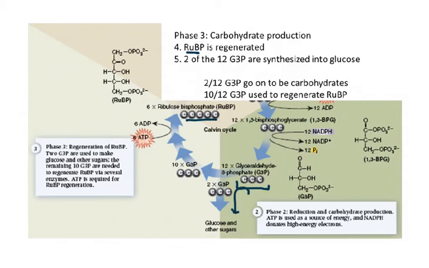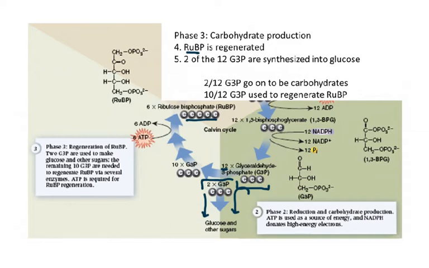And so this is another reason why we had to take this whole thing times 6, because we got to 12 glyceraldehyde 3-phosphate, remember we doubled it and multiplied it times 6. So some of these molecules, 2 out of 12, will go off to actually form the glucose.